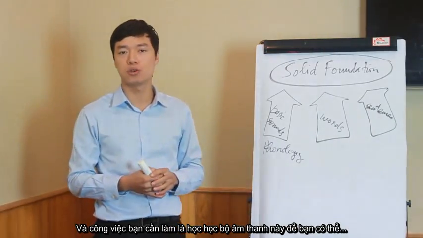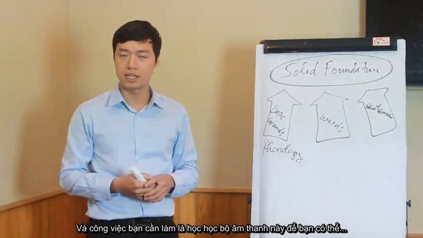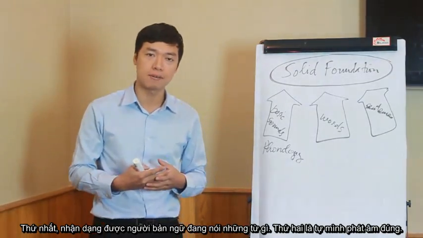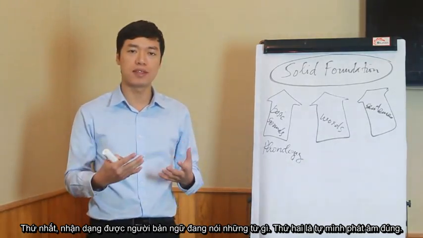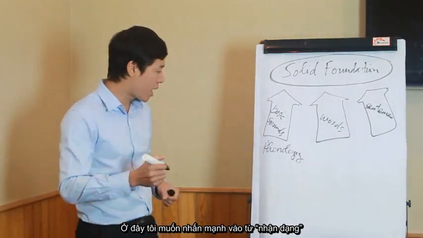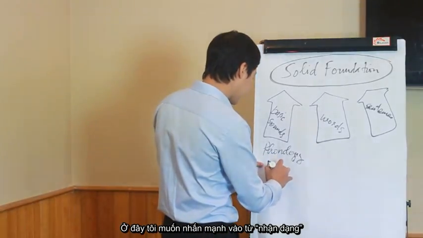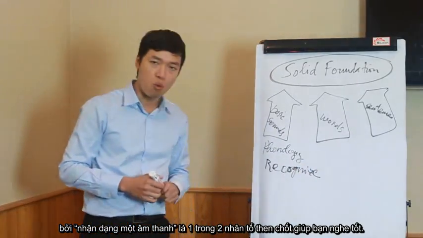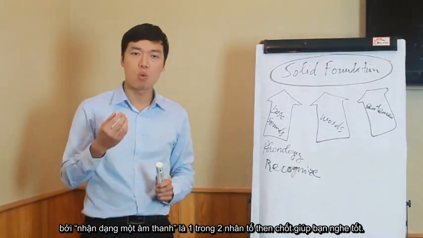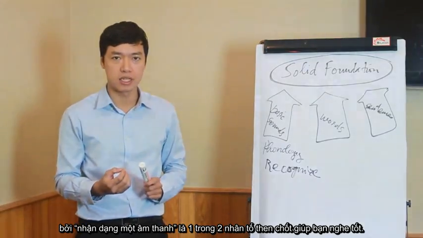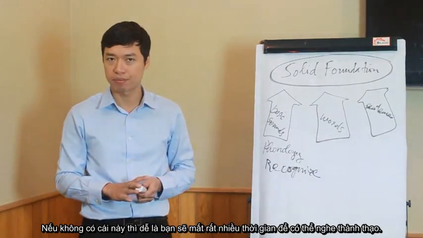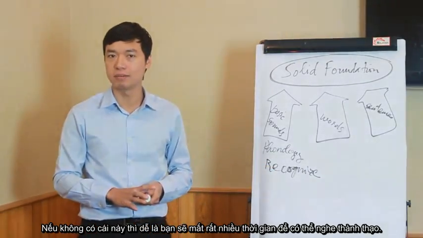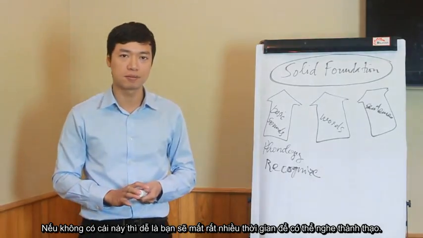And all you have to do is to learn these sounds so that you can first recognize which words a native speaker is saying, and second, produce them correctly. I really want to emphasize the word recognize, because recognizing a sound is one of the 2 critical elements that help you listen well. Without this, chances are that it might take you much more time for you to master your listening skills.